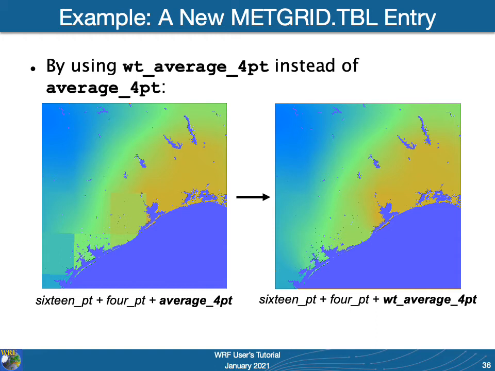Rather than taking the unweighted average, we can switch to a weighted average. And we do that by using the WT, or weighted average 4-point interpolation option, in place of the average 4-point option. And by doing that, then we get what is probably the best soil moisture field that we're going to be able to get when interpolating from 1-degree data onto a 500-meter model grid.